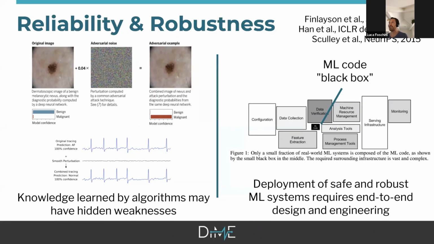This actually doesn't come from the machine learning in medicine community, it comes from machine learning in the real world at Google, and almost tongue-in-cheek shows that the black box of machine learning code is really just a tiny piece, a tiny cog in the big machine of how you analyze data and make actionable decisions out of it. So you really have to think end-to-end when you develop that little box. Next slide.